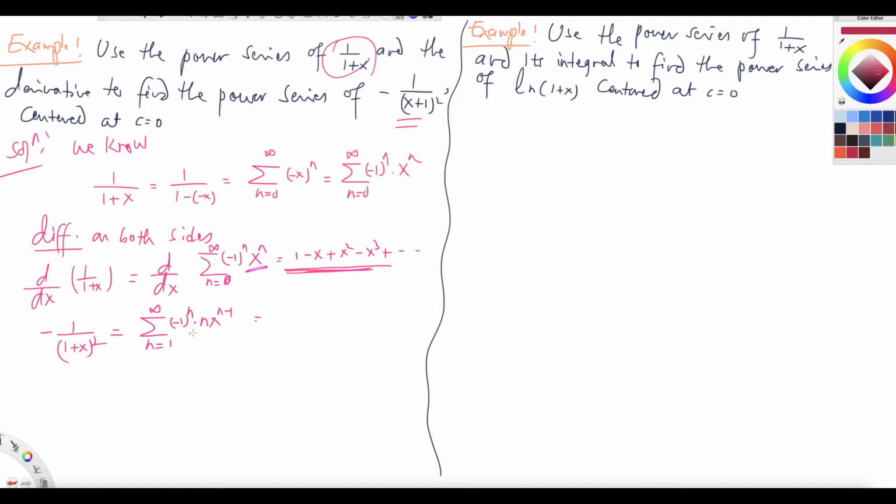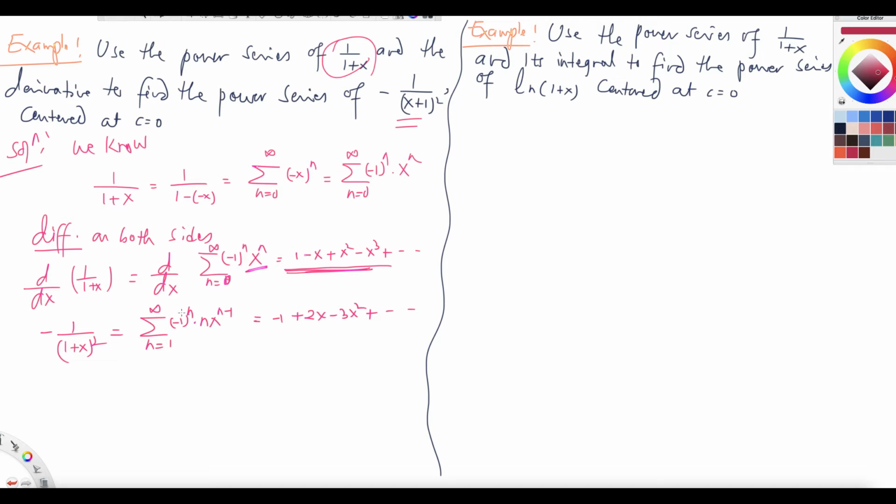If you plug in 1, you will get negative 1, right? Negative 1 to the 1, and then 1 times that will be negative 1. You see that? And if you take n equals to 2, what do you get? Negative 1 to the 2 will be positive, right? And then 2 times x to the 1, that will be 2x, minus 3x squared, and then so on. That's what you get, right?